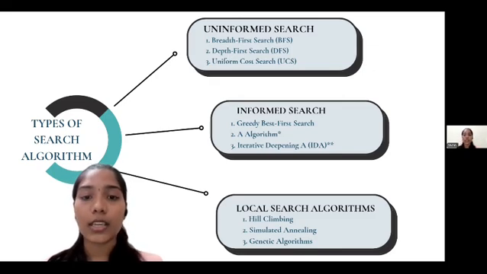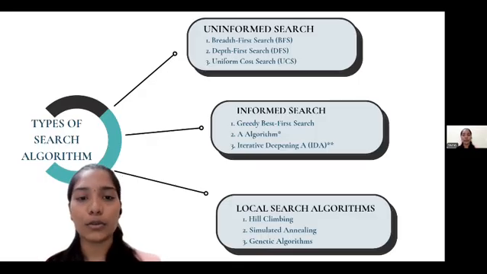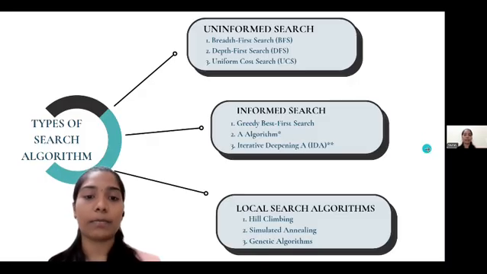Informed search uses extra information or heuristics to find the goal faster. For example, A star and greedy search. In local search, we start with a possible solution and keep improving it step by step. For example, hill climbing, simulated annealing, and genetic algorithms.